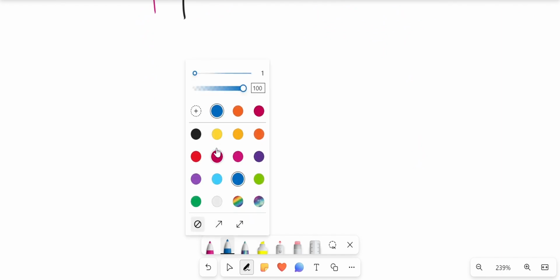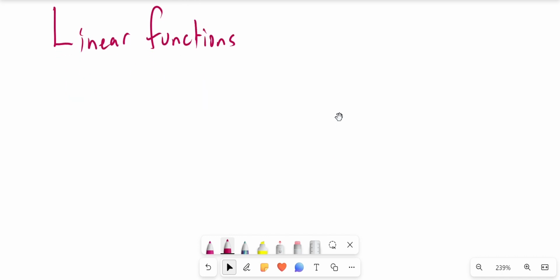So let's talk a little bit about specifically a kind of function called the linear functions. Linear functions are the lines on the xy plane. And for now, excluding some of the vertical lines, let's talk about lines of a certain form.